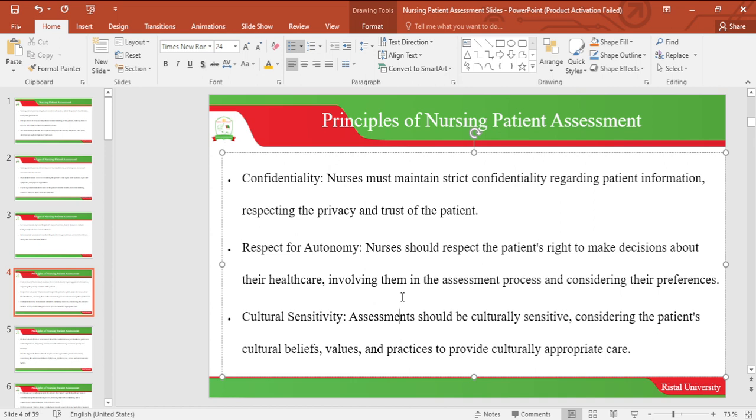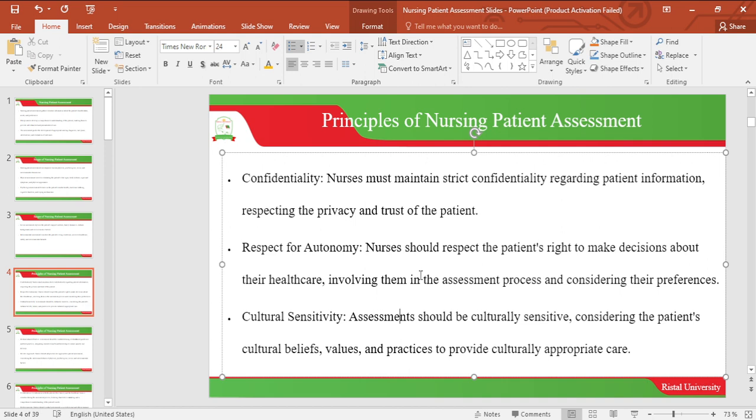Principle number 2 is respect for autonomy. Nurses should respect the patient's rights. There are 5 rights for the patient. One of the patient's rights is to make decisions about their health care, involving them in the assessment process and also considering their preferences.